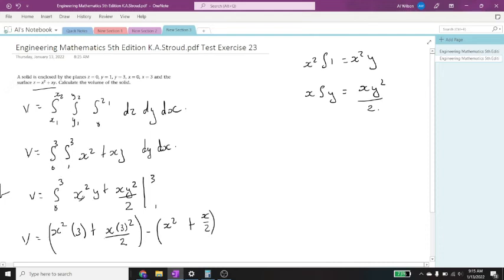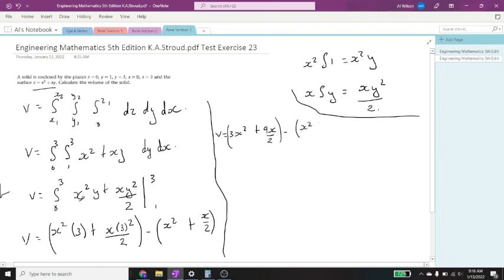Looking at the information that we have here, we're left with V is equal to 3x squared plus 9x over 2, subtracting x squared plus x over 2.